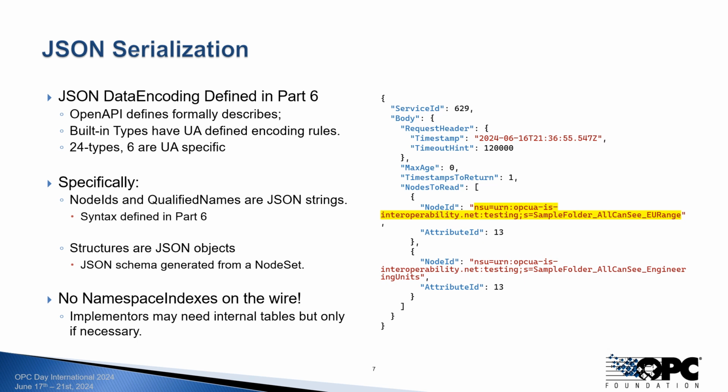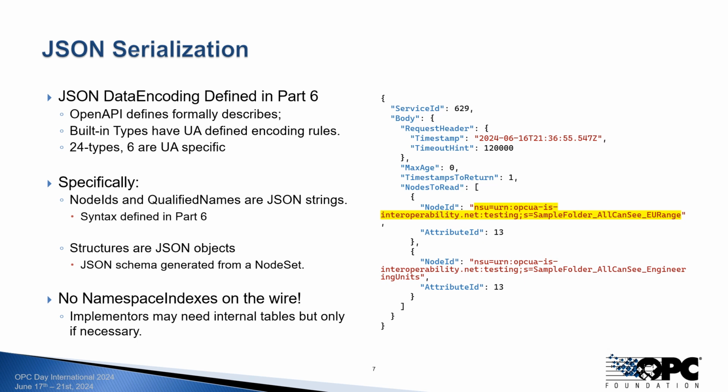Now, structures themselves are JSON objects, and these include structures that are defined within the core specification, as well as any structures that are part of companion specs or vendor-defined information models. Now, these schemas themselves, if they're part of a companion spec or a vendor-defined information model, are not actually going to be in the OpenAPI definition because it can only include the stuff that's in the core.